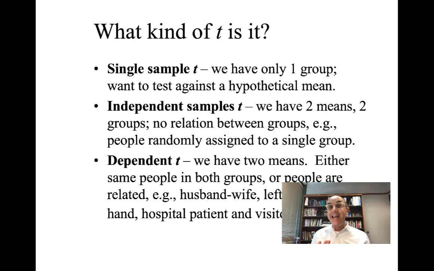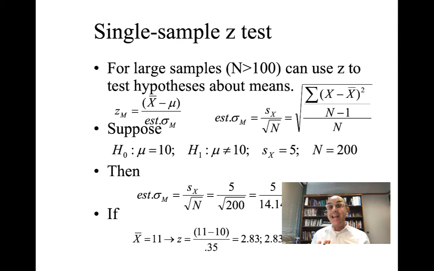Example, people randomly assigned to a single group. And the dependent t-test, where we have 2 means, either the same people in both groups or people that are related, husband and wife, or left hand and right hand, hospital patients or visitors, etcetera.